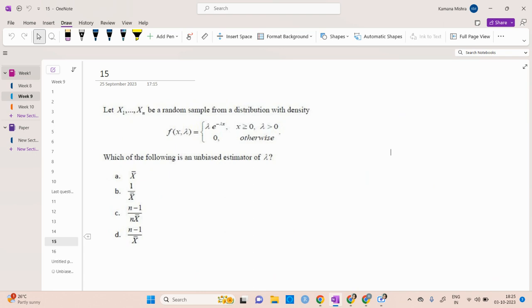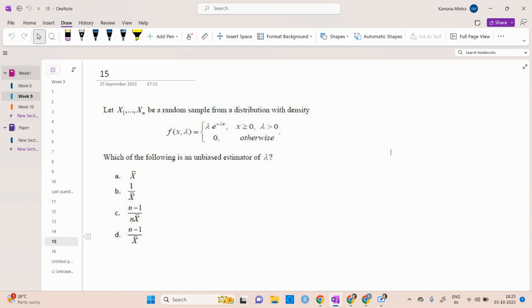Manipulation means, let's say you have found x bar as the estimator, okay, but it is not the unbiased one, but x bar by 2 is the unbiased one. So we have manipulated by 1 by 2 to find the unbiased estimator. So this is also one method we try to find an unbiased estimator.